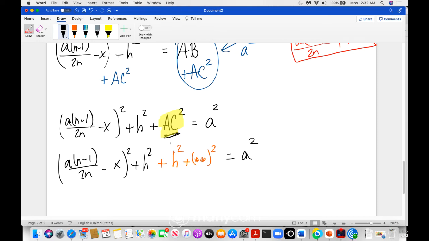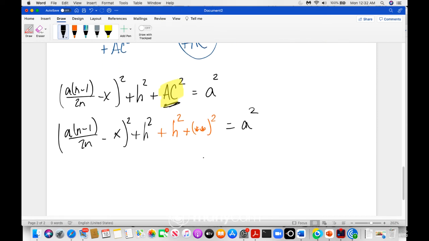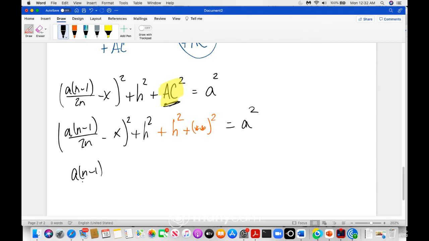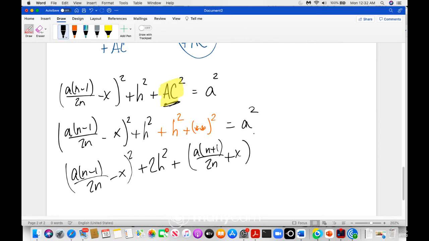But then finally, plugging in for double star, we get a times n minus 1 over 2n minus x quantity squared, plus h squared, plus a times n plus 1 over 2n plus x quantity squared equals a squared.